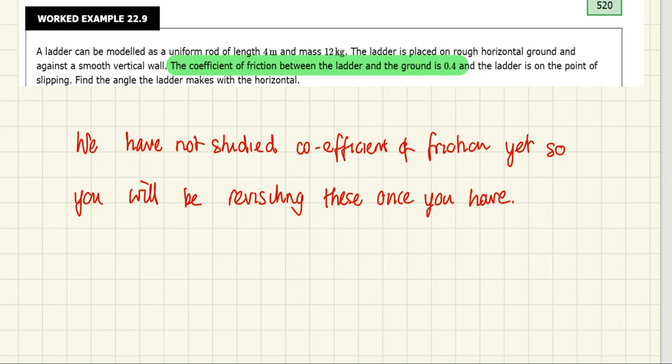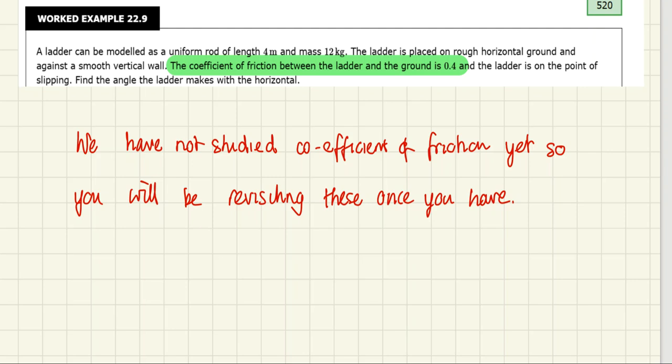This question comes up in this bit, but it has coefficient of friction in there. Coefficient of friction doesn't come up until early next year. So you will have to come back to these questions in moments to deal with the coefficient of friction calculation. But what you can do is set up your diagram, and look at the forces and things like that.